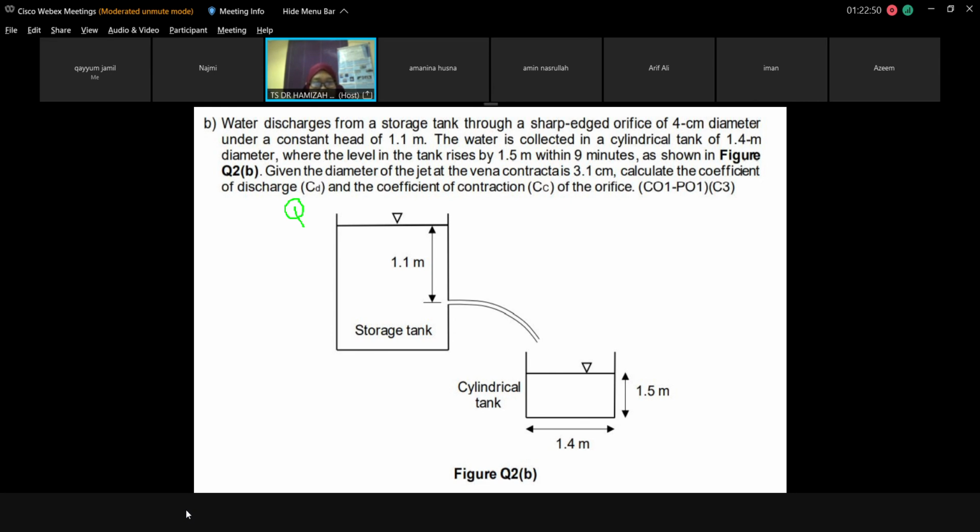CC? Kat mana saya cakap tadi? CC is coefficient for what? Area of jet over area of orifice. Good. Thank you. Okay. CC is the coefficients for area. Bolehlah cari.